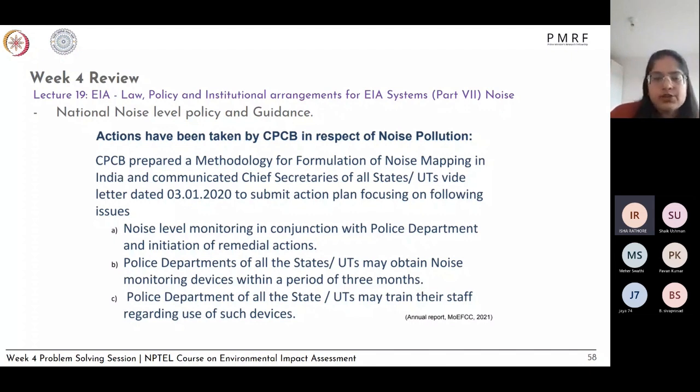They also issued noise monitoring devices and measurement tools to the police departments of different states, and trained these personnel in the use of these devices to have better monitoring and control of noise pollution caused by vehicles.